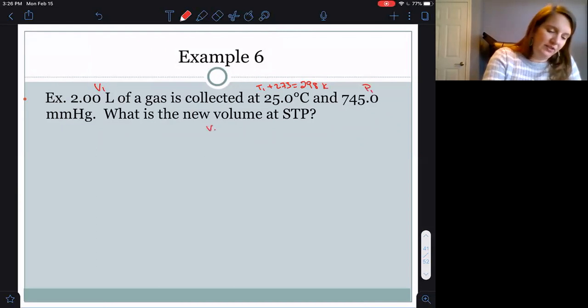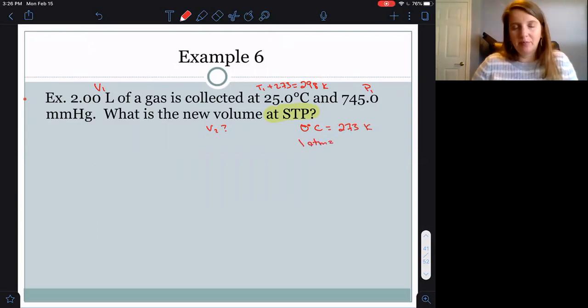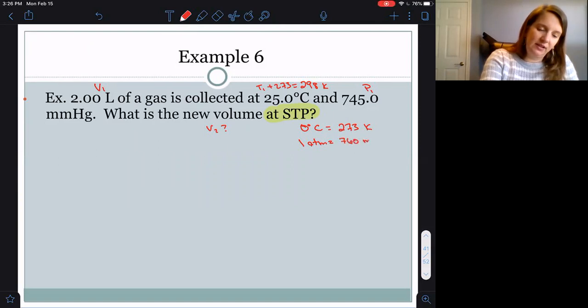I'm looking for V2 at STP, so don't forget that means 0 degrees Celsius, which is 273 Kelvin. That means 1 atmosphere of pressure, but I'm lazy, remember? So if my first units are in mmHg, I know that this is going to be 760 mmHg.